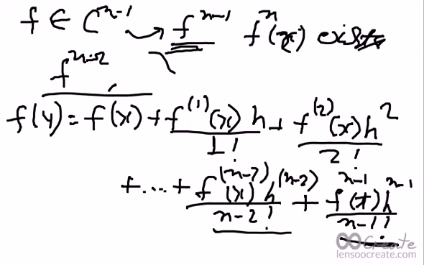So now, one more thing. We have this written in this fashion. We wrote that y is equal to x plus h. Fine, here h we got from here. And t belongs to (x, y).